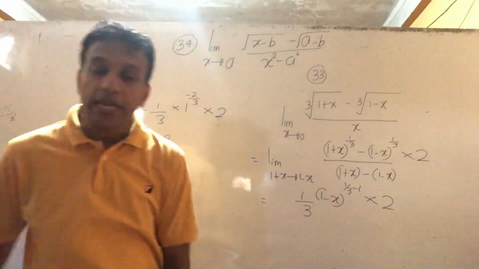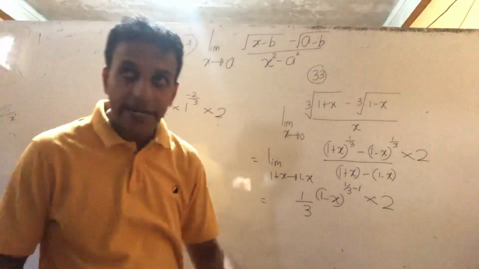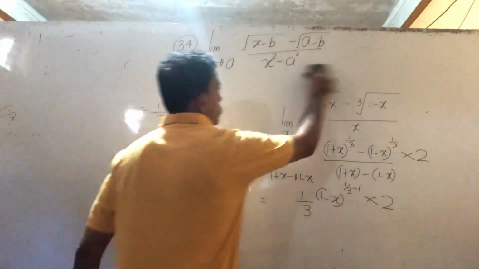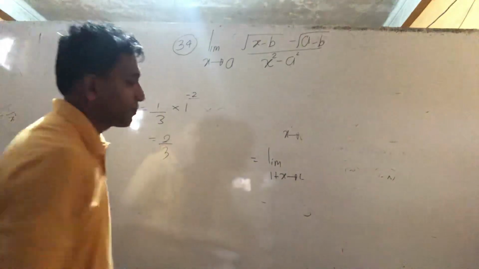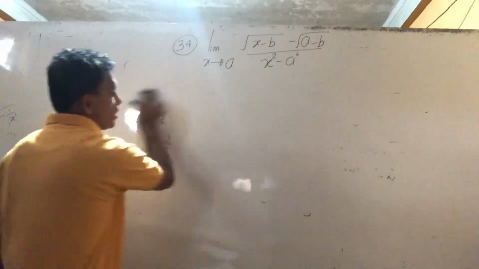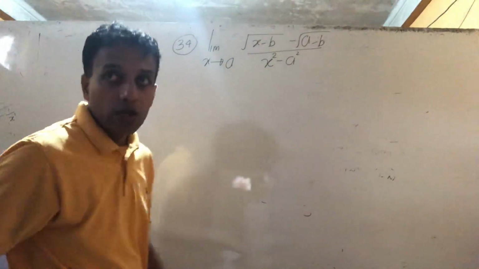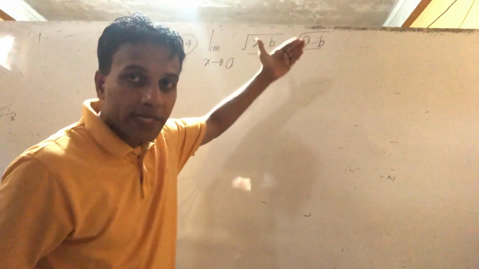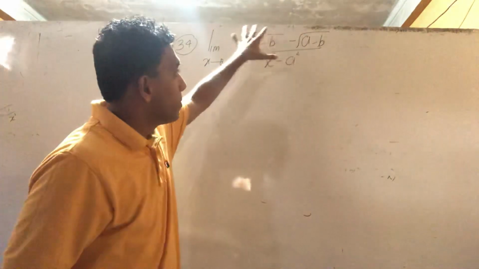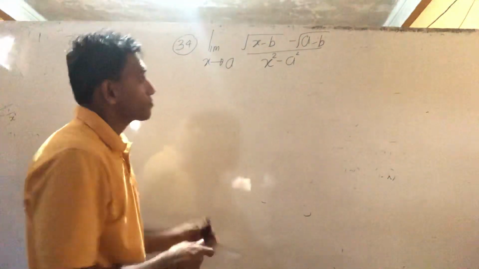That is one of the indeterminate forms or meaningless forms. Therefore, rationalize the irrational part. The numerator should be rationalized here. In such a problem, the idea is to multiply the numerator and denominator by the conjugate.